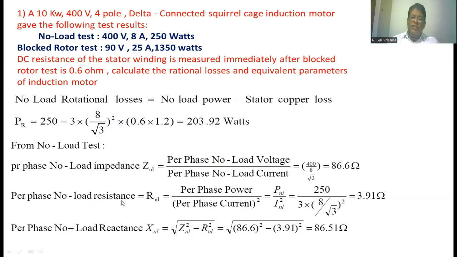Per phase no load resistance R_NL equals per phase power divided by per phase current squared: 250 by 3 into (8 by root 3) whole squared, giving 3.91 ohm. Per phase no load reactance X_NL equals square root of Z_NL squared minus R_NL squared, which is square root of 86.6 squared minus 3.91 squared, giving 86.51 ohm.